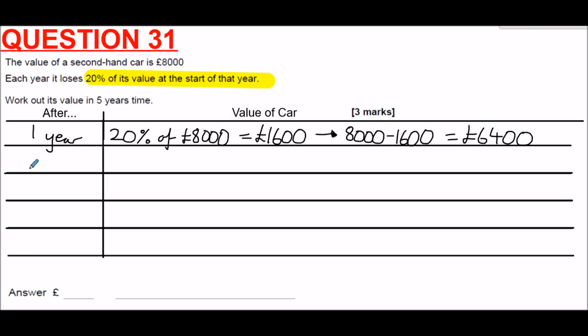So for the second year, the start value for year 2 would be 6,400.